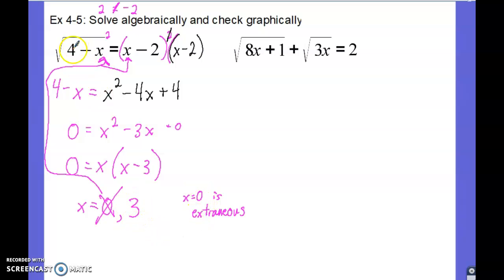3 is correct, because 4 minus 3 is 1, the square root of 1 is 1, and 3 minus 2 is 1, so x equals 3 is the only correct answer. So, check graphically. I'm not going to go to a graphing calculator, but if I were to plug in the square root of 4 minus x, what we have is a function that is shifted to the right 4 units.